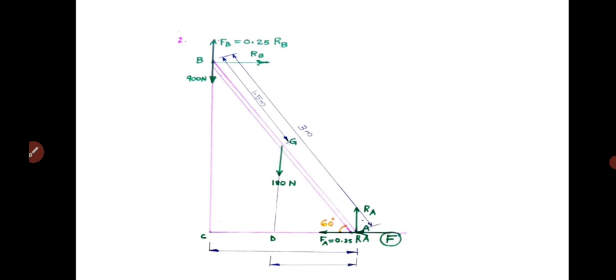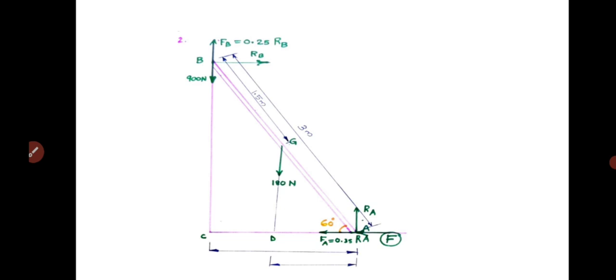Similarly, from triangle GDA, you can calculate the value of AD. So GDA is a right angle triangle. So G is the midpoint of the ladder, that is the distance AG will be 3 by 2, that is 1.5.